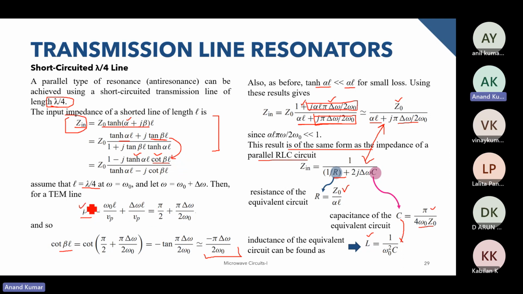Then we simplified the argument for the two things, put in their values, found the input impedance, and then realized this is the same as the parallel resonance circuit. On comparing, we found the resistance, the capacitance, and the inductance for the equivalent circuit.